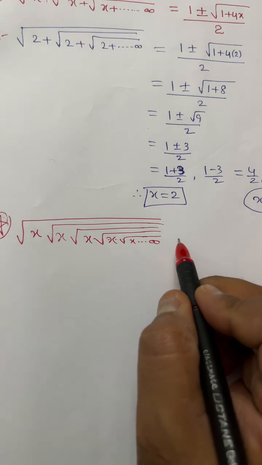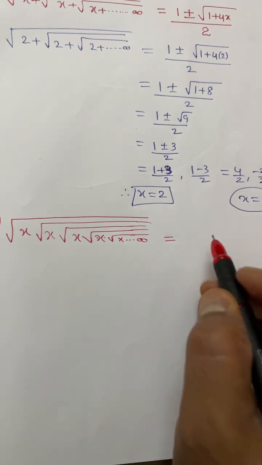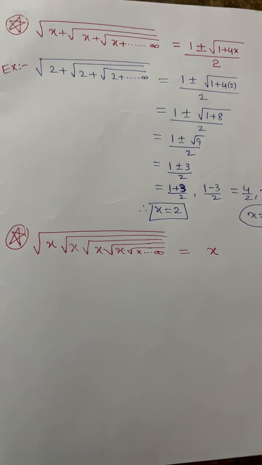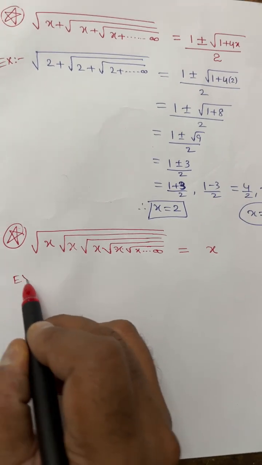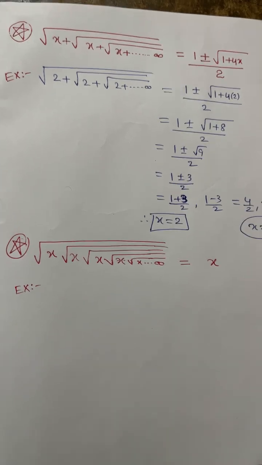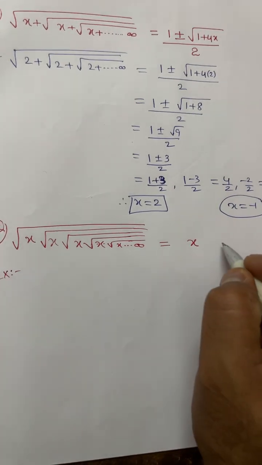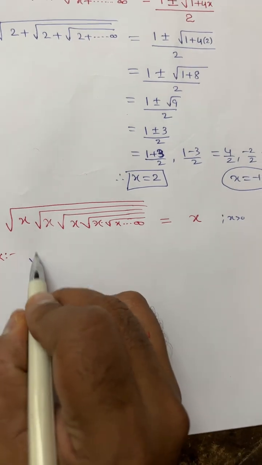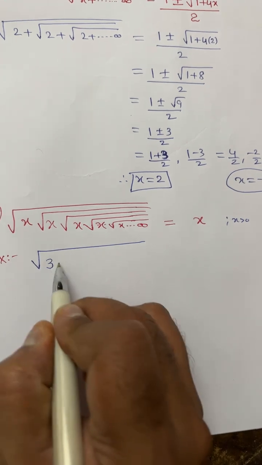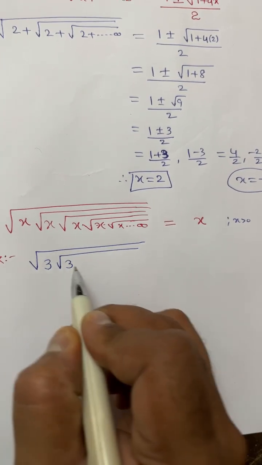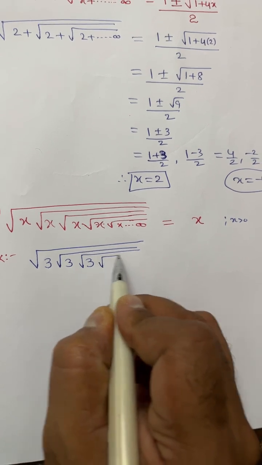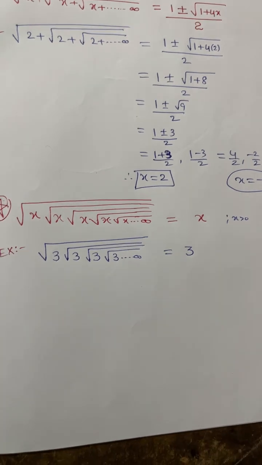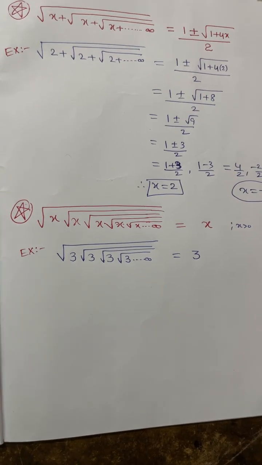Whenever it comes to infinity, the value is obviously x, dear students. Whatever is in place of x, that only is the answer. X should be greater than 0. So for example, root over 3 into root over 3 into root over 3 into and so on infinity. So the answer is 3.